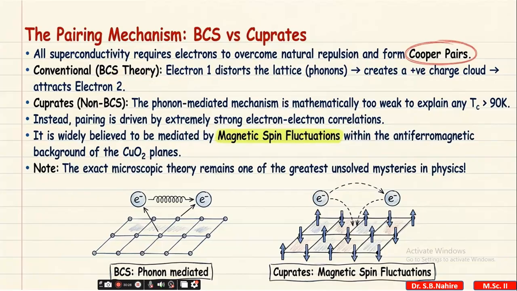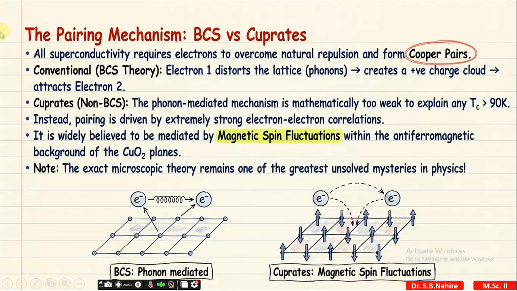In this theory, one electron moves through the lattice and distorts it by interacting with phonons. This distortion creates a temporary positive charge region. This positive region attracts another electron, leading to the formation of a Cooper pair. So here, pairing is mediated by lattice vibrations, that is phonons.